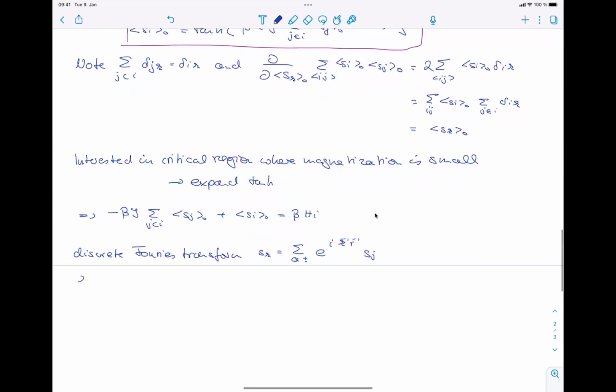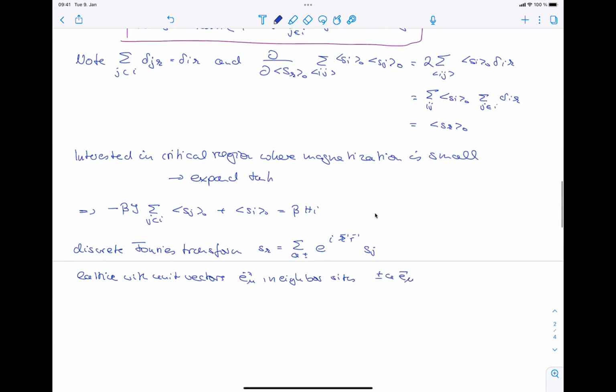And so we assume a lattice with unit vectors e_mu and neighbor sites plus minus a e_mu.